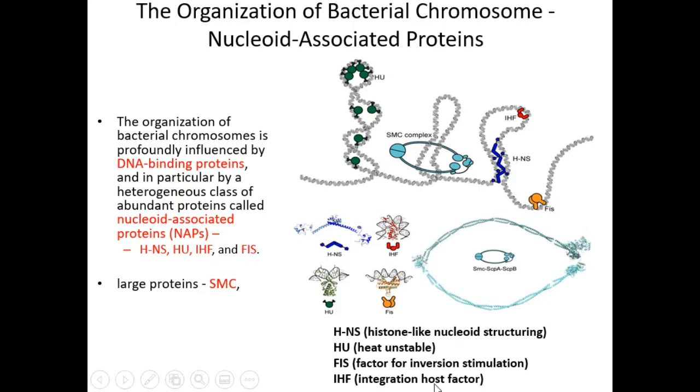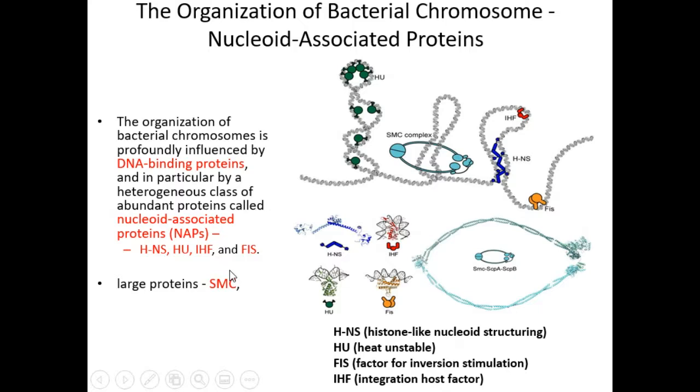IHF is an integration host factor. FIS is a factor for inversion stimulation. So IHF can dramatically alter the DNA shape and facilitate the formation of loops, okay? So normally they can bring the RNA polymerase together with the distant regulatory protein.